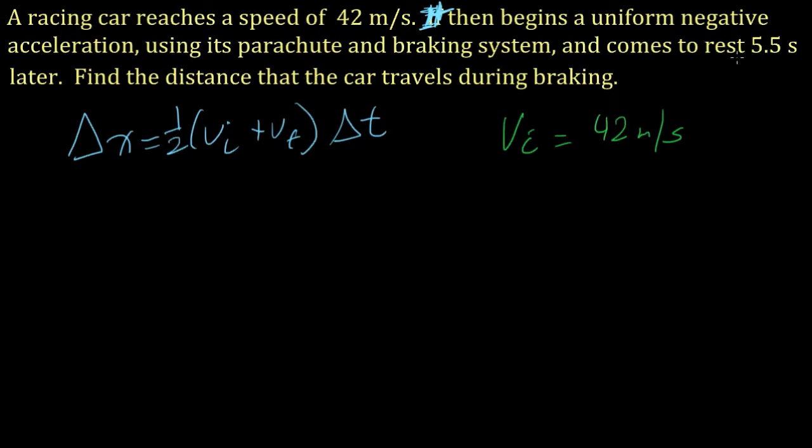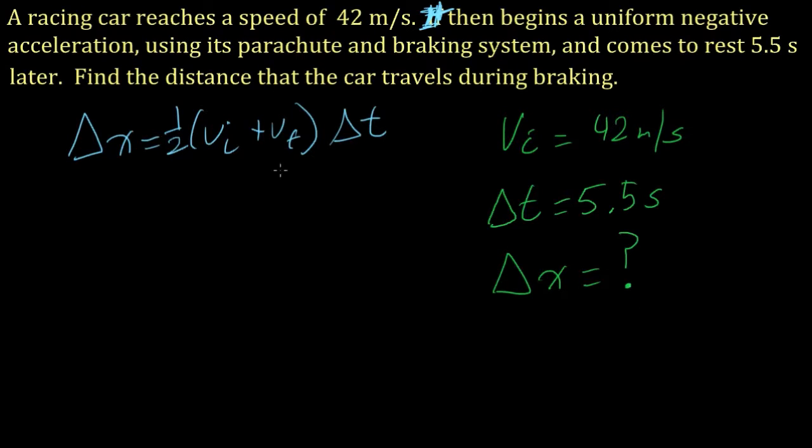I see 5.5 seconds. That sounds like a delta t to me. So we have delta t, which is 5.5 seconds. What are we being asked for? It says find the distance the car travels while braking. That sounds like delta x. That sounds like displacement, and we don't know it. That's what we're going to look for.